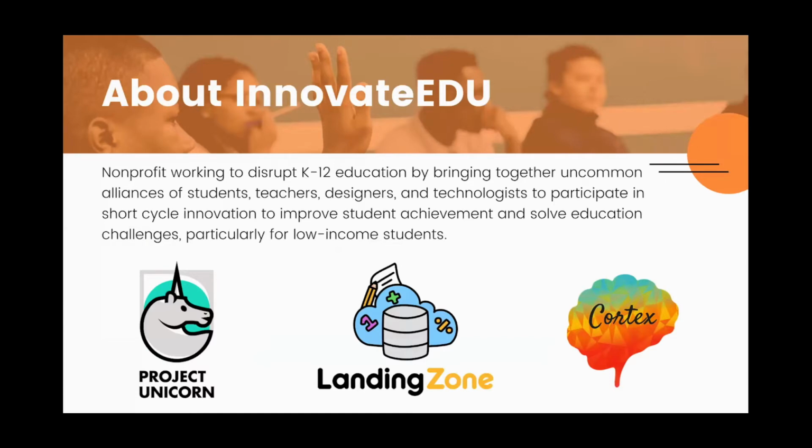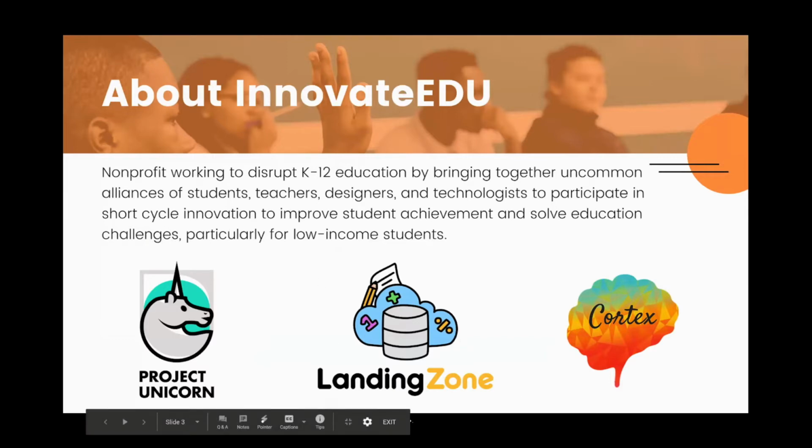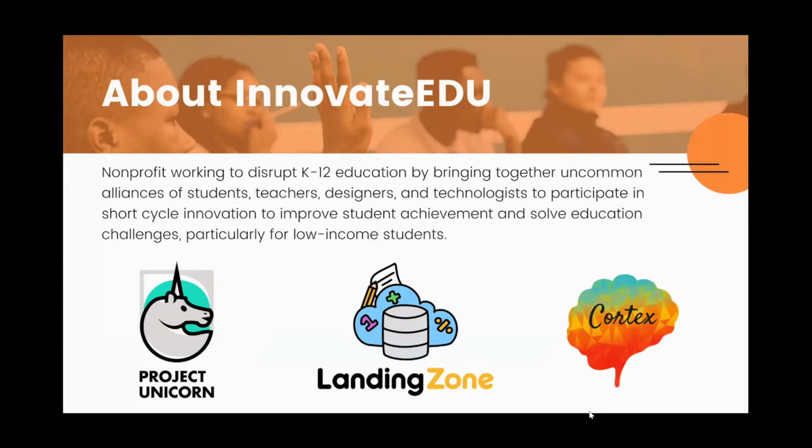A lot of the work we do is around short cycle innovation, but it's also around building products and tools that have equity at the center of their focus. So we try to keep our products and tools very low cost for schools and districts so that they can have best-in-class enterprise architecture, if that's Landing Zone, a best-in-class SIS and LMS, if that's Cortex, or as they're working through their data modernization plans, free tools through Project Unicorn.